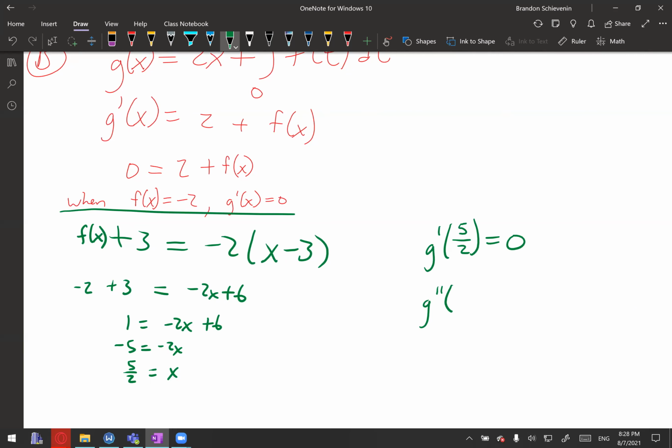G prime prime at x, to get a general form, would be my derivative of this equation. What's the derivative of 2 plus f of x? Negative 2 over x plus f prime x.